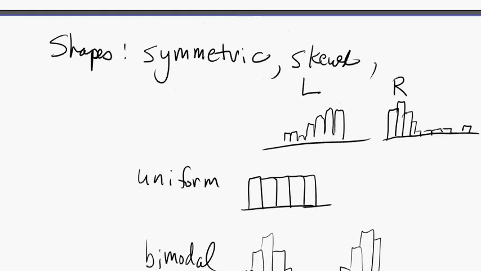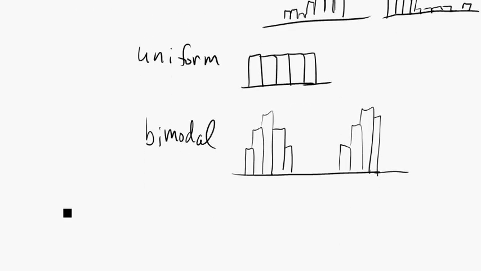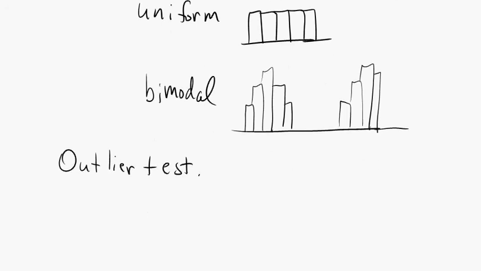All right, so that's shapes. You need to know how to do an outlier test. Look that up if you don't remember. You need to have an understanding of those linear transformations.